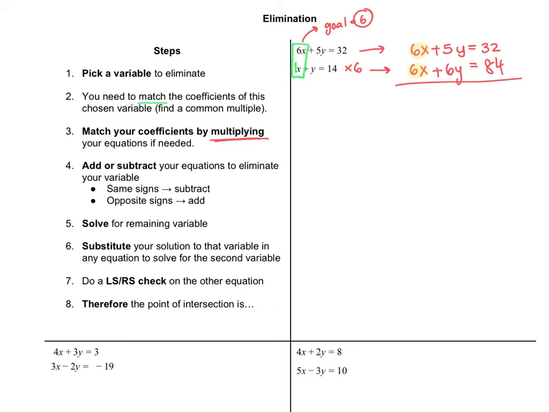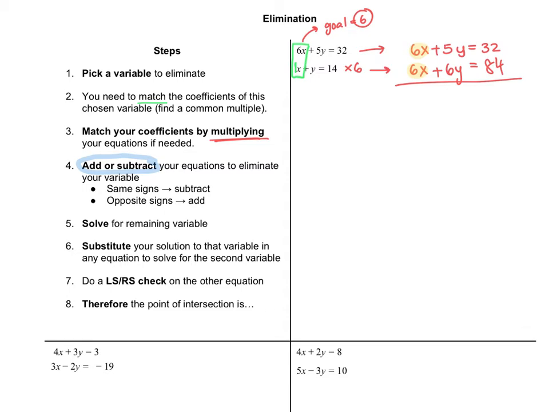And now we are going to either add or subtract our equations so that when I add or subtract, I get 0 of that variable and I eliminate it. So if I have 6x and 6x, I just have to ask myself, does 6 minus 6 give me 0 or 6 plus 6?